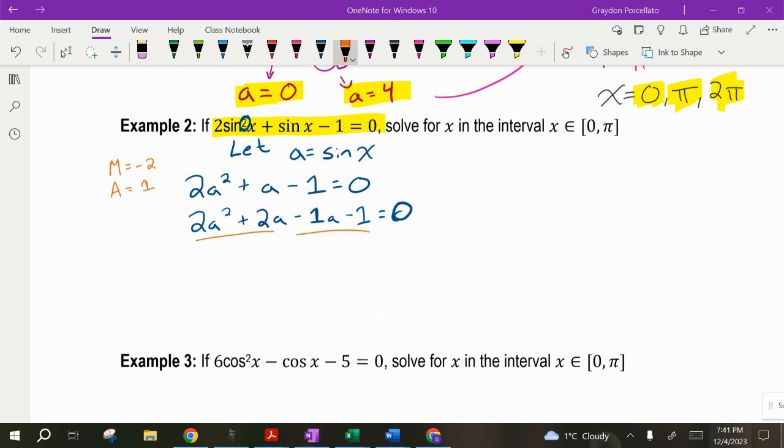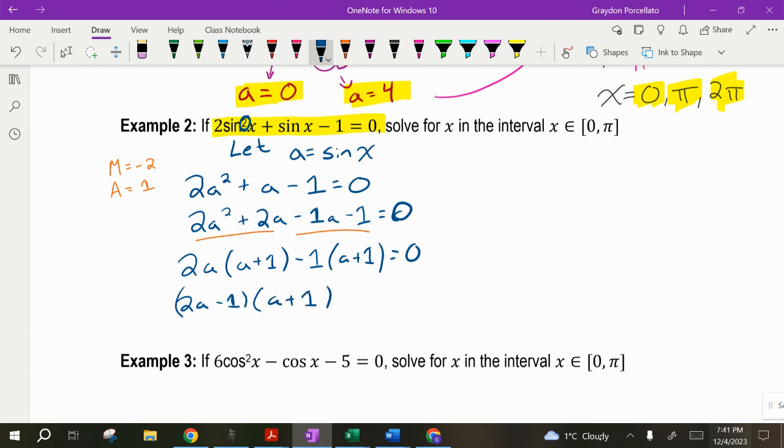So we get 2a(a + 1), and we get minus 1(a + 1) equals 0. I'm going to write this as (2a - 1)(a + 1) equals 0.